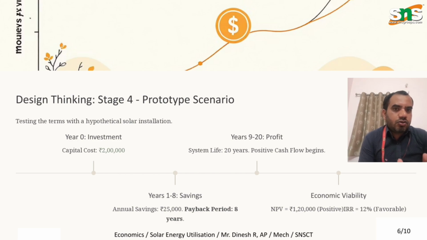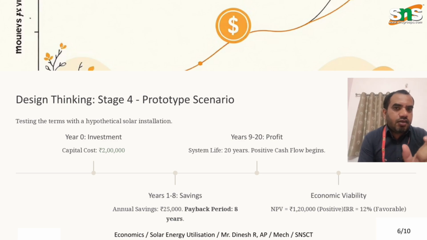In years 1 to 8 we come to the payback period, which is 8 years. Let's say the annual saving of our system is 25,000 per year. When we calculate it, it will take 8 years to recover the overall capital cost, which is 2 lakhs. So this is the map which we have to understand thoroughly.